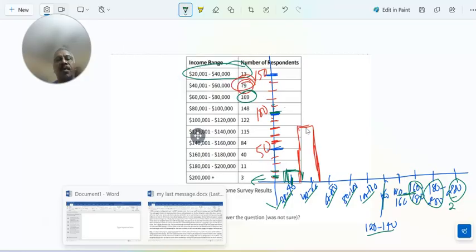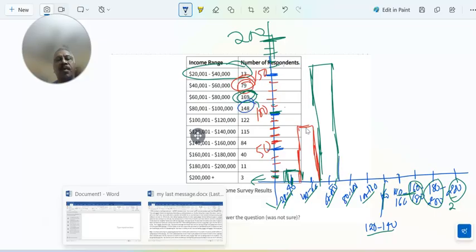The next one is 82. The 169 is like 170, so that will be like this, which is like 200, somewhere here. And then almost 150 will be this one.